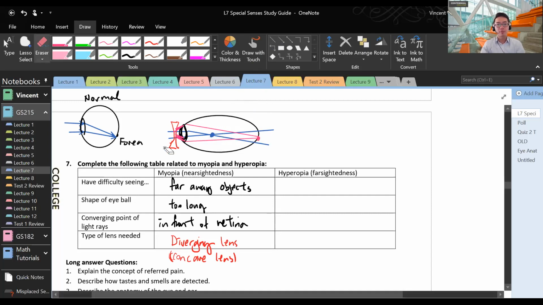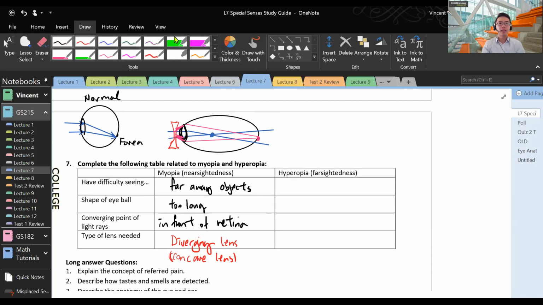How much you need to spread them depends on how long your eyeball is. Your lens is also a little bit affected, but for the most part, we can think of it in terms of the eyeball. So if it's really, really long, then you need to spread them more and that will correct the problem.